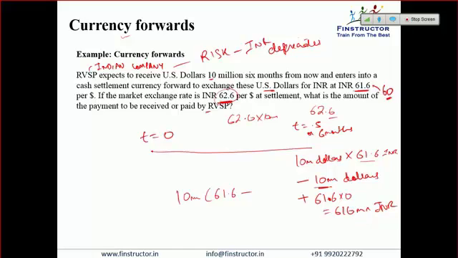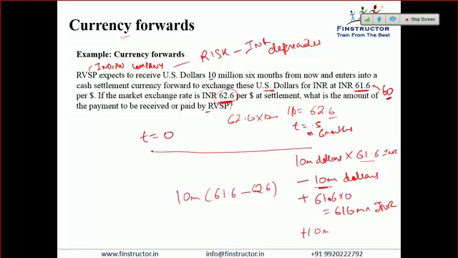Now what has happened is that at T equal to 6, actually the dollar is worth 62.6 INR. So he will sell the dollars for 61.6. But if he had to buy the dollars, he would have had to pay how much? 62.6, because the current market price is 62.6.